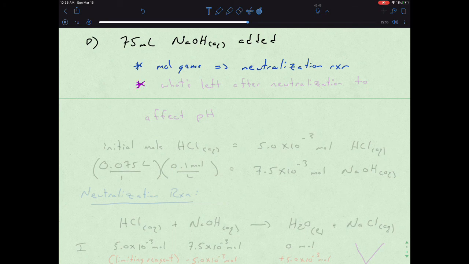And then also, what's left after neutralization to affect the pH, right? So it's exactly the same steps that we did in part B and part C.